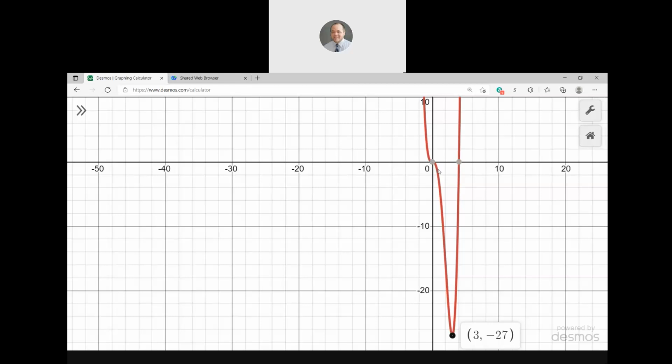And also from 2, right here almost, so from 2 to positive infinity, that's also where our graph is concave up.